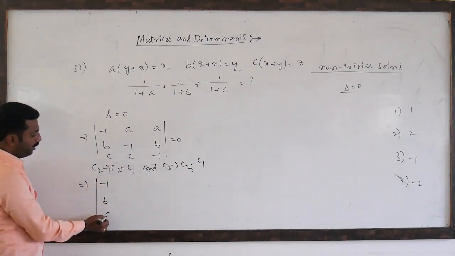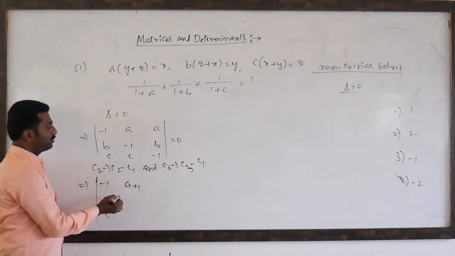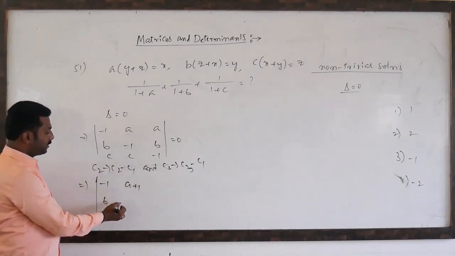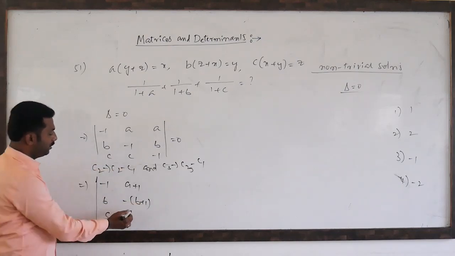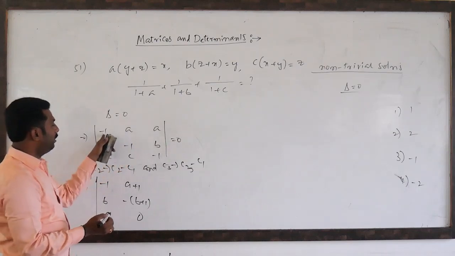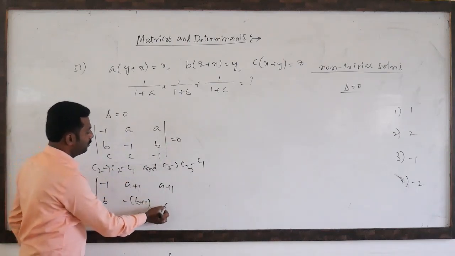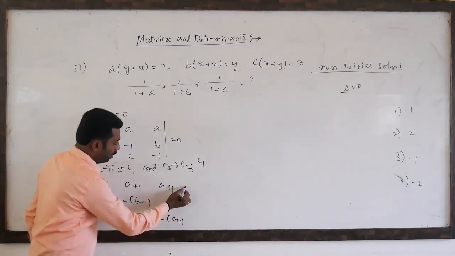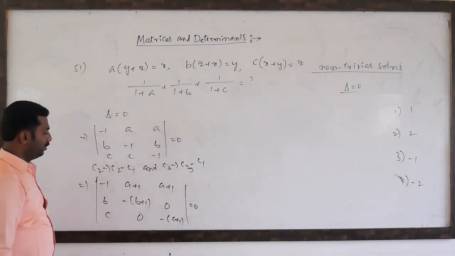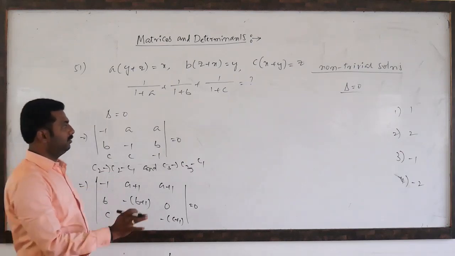Minus 1, b, c. C2 minus C1 is nothing but a plus 1. Minus of (b plus 1). This is 0. C3 minus C1, a plus 1. This is 0. Minus of (c plus 1) equal to 0. So finally, if we expand along the first row, what happened we'll see.